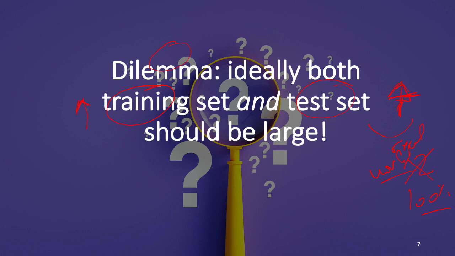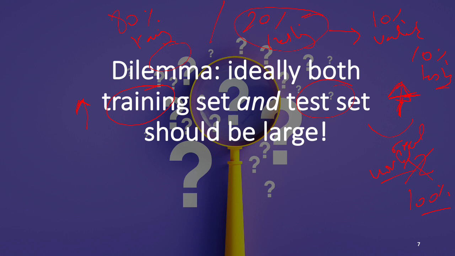I'm not sure how to solve it, but usually what we do is 80% for training and 20% for testing, okay? And this 20% can actually be split further into 10% for validation and 10% for testing.